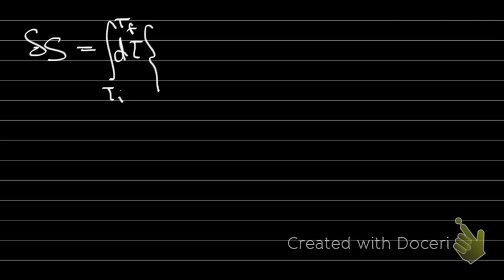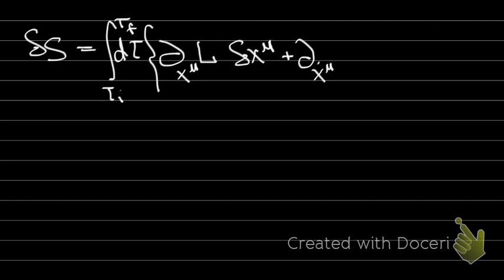So let me write it down on the next page. My delta S, which is the action, is the integral from tau_i to tau_f over d tau of the terms that survived: the partial derivative with respect to x^mu of my Lagrangian multiplied by delta x^mu, plus the partial derivative with respect to the velocity of my Lagrangian, of course, multiplied by the deviation velocity.